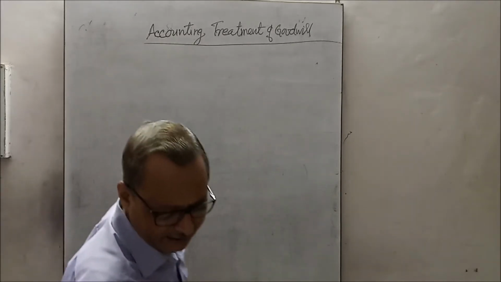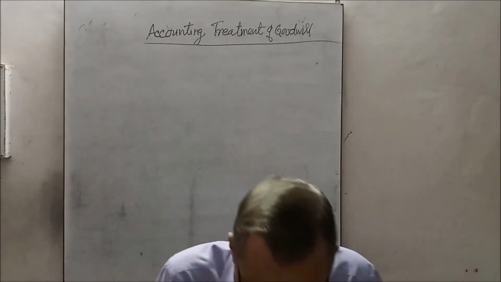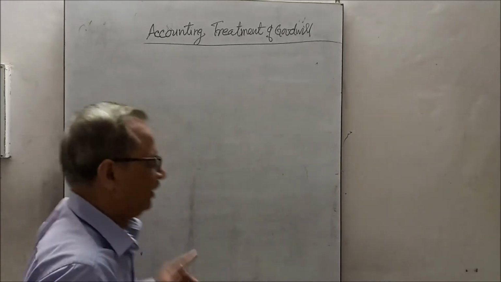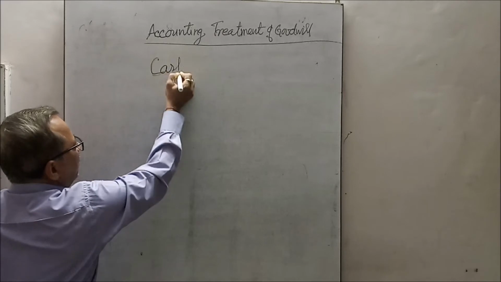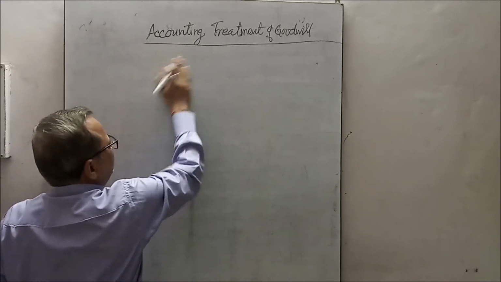As he is bringing in cash 80,000 and 30,000 as goodwill premium, his share. So bank account debit, as 80,000 is there, we will write bank account.